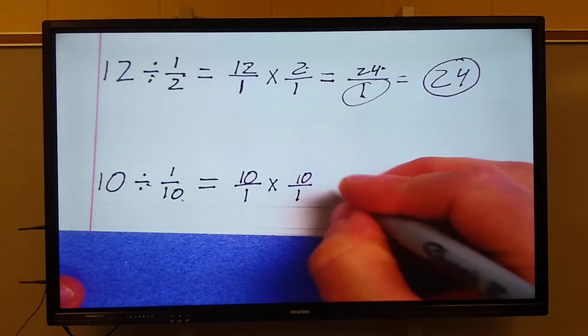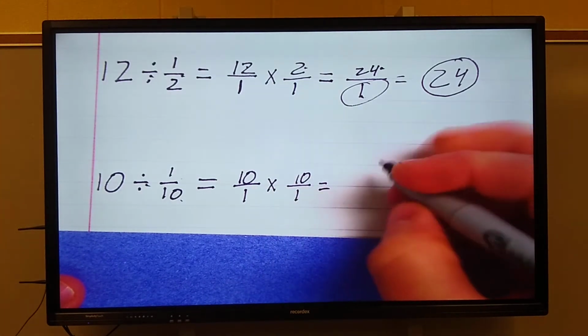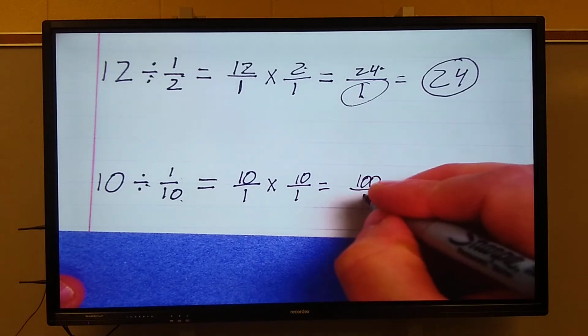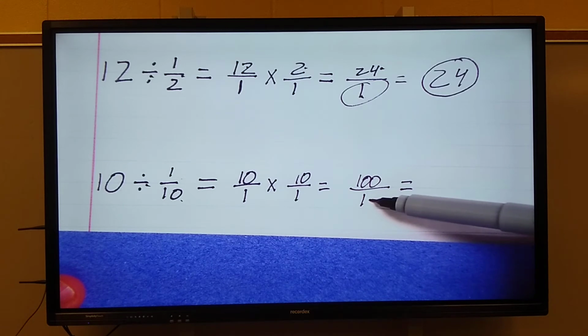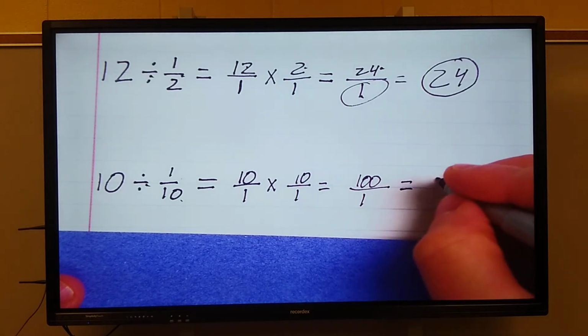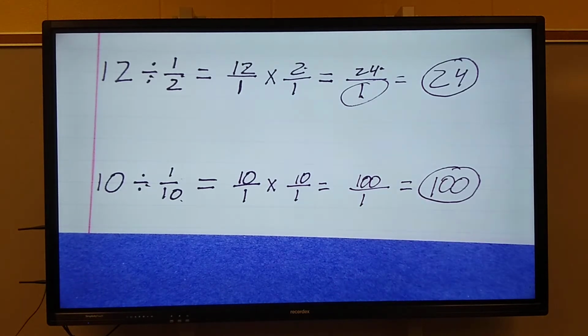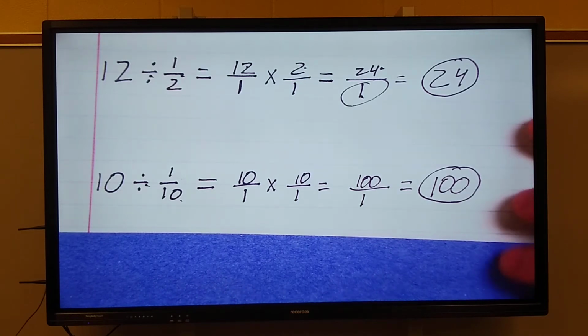I just flip it, and then I just multiply like normal. 10 times 10 equals 100. 1 times 1 equals 1. Remember, when 1 is the denominator, the numerator becomes your answer. The answer is 100. Easy, easy, easy.